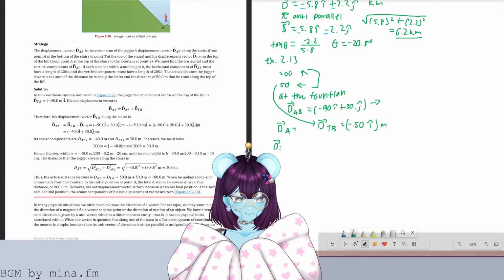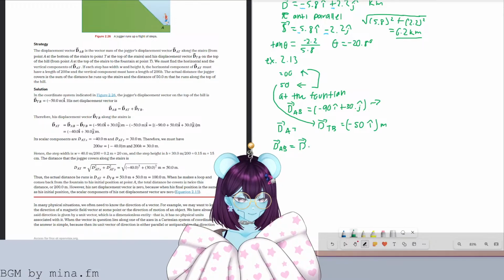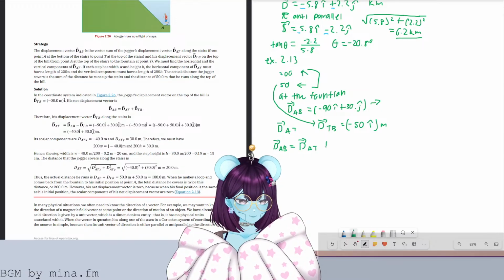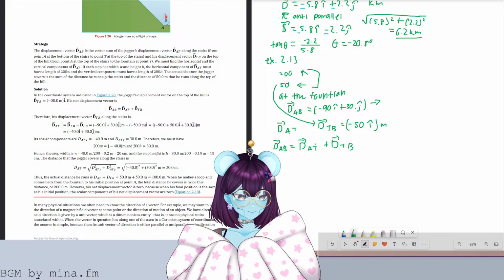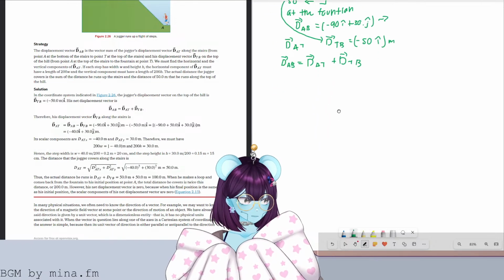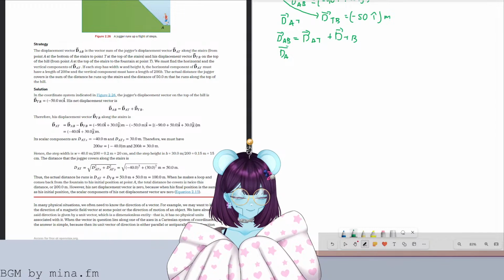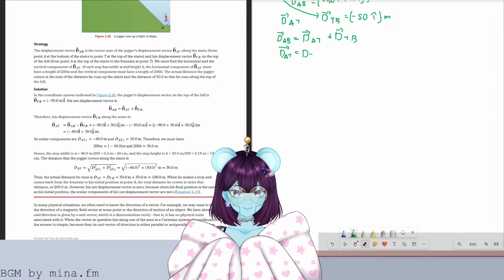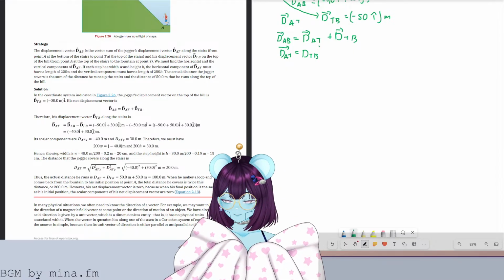So DAB is equal to DAT plus DTB. And if we want to find DAT, we take DAB and subtract DTB. Am I doing this right?